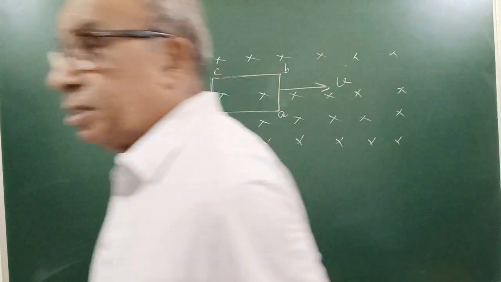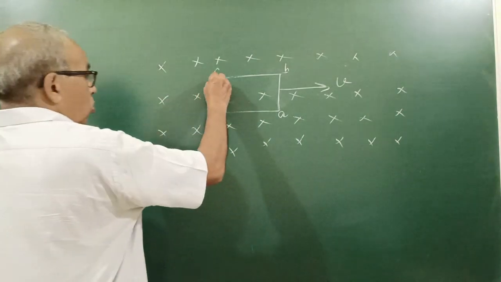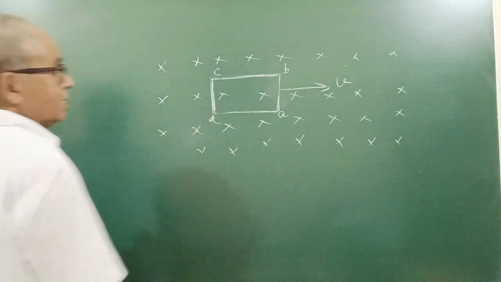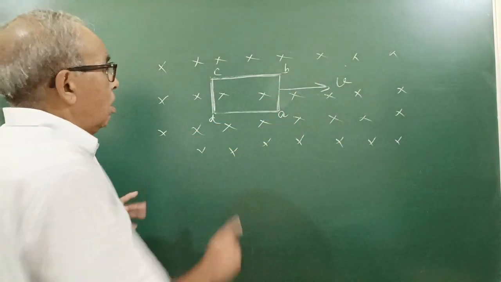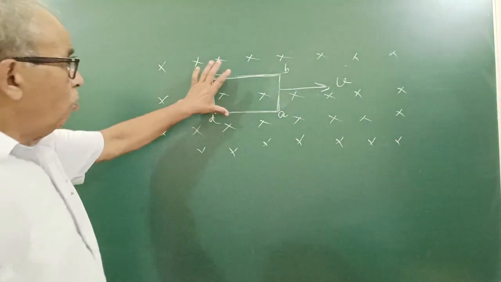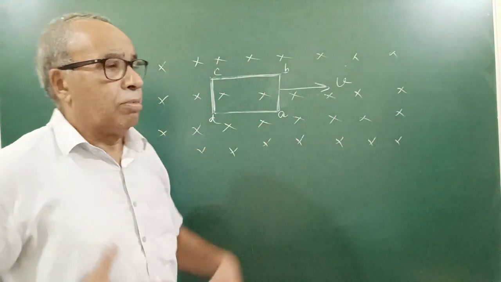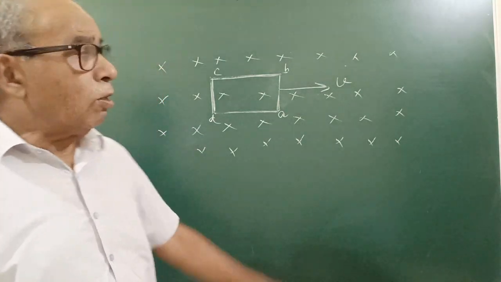What do you say? Actually, you are not with me here, so I can't check your expression or your feeling. What do you say? It appears that there is no change of flux. Whether the loop is rectangular or circular, whatever it is, flux does not change. So it appears that there is no induced EMF.